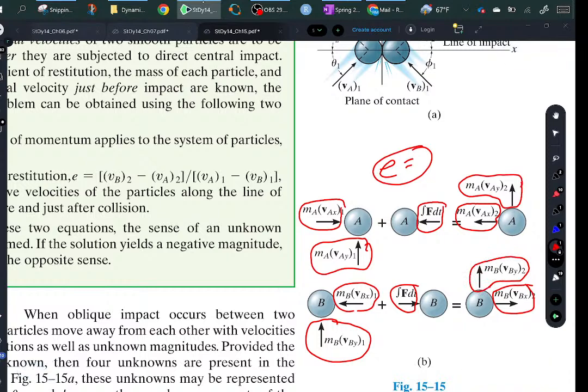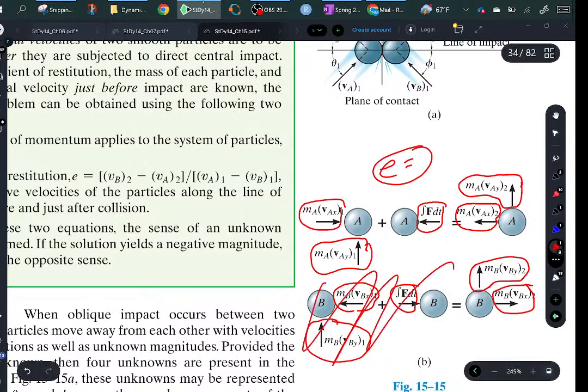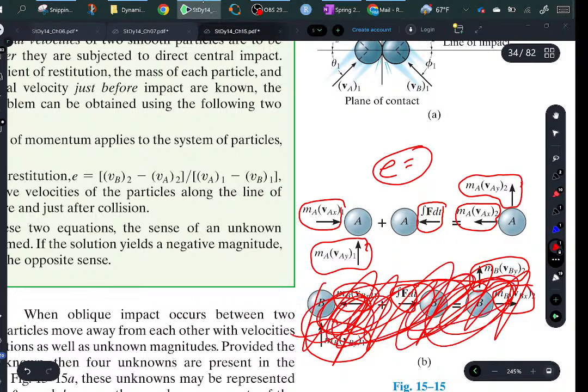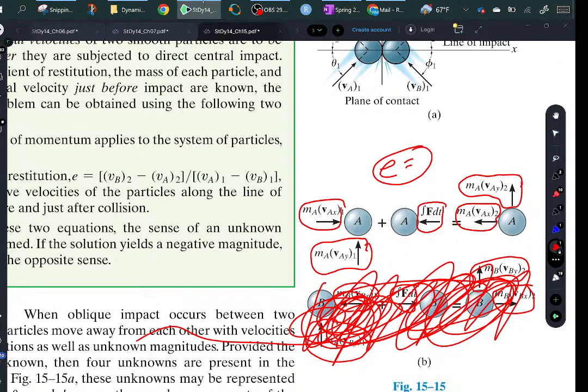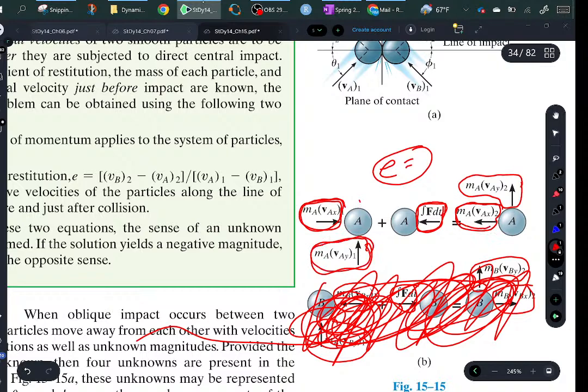Now, let's just look at the top one, A, for example. We're going to ignore all this for a minute. If you look at the x, you have a certain speed to the right. You put a force on it to maybe slow it down, and you alter your speed. You have a speed going north, in this direction. There is no force this way or this way on this block, slowing it or speeding it up.